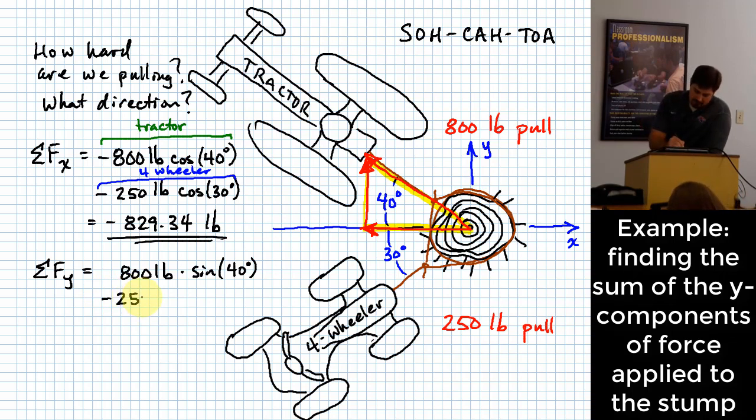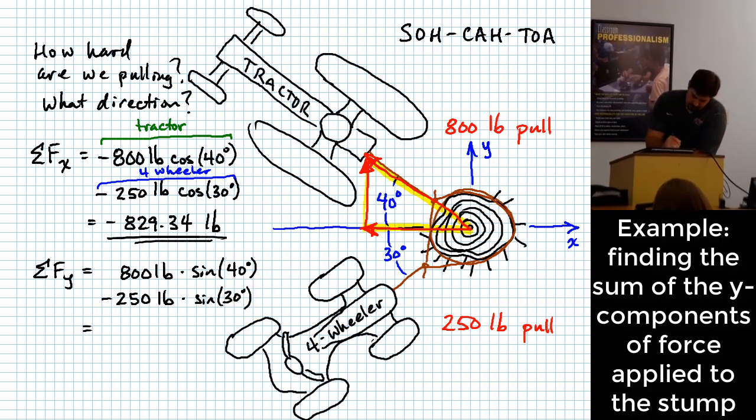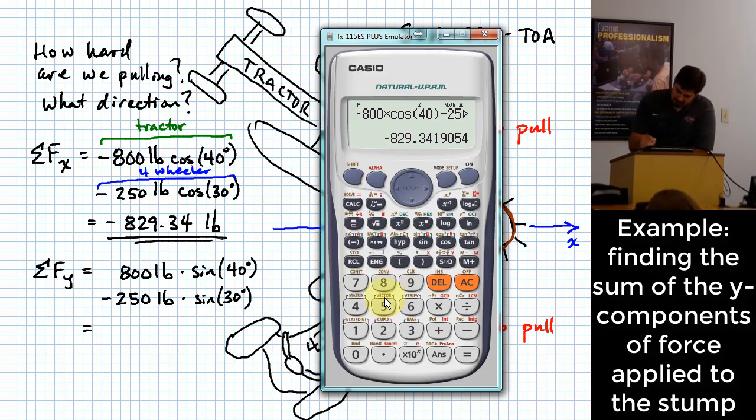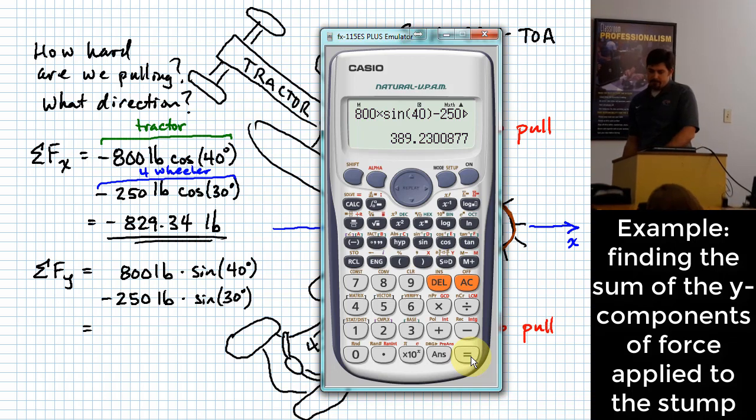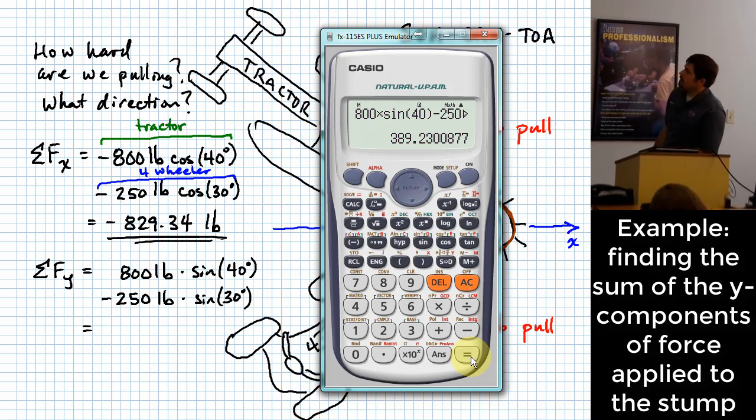So I say minus 250 pounds times the sine of 30 degrees. So when I put these in here, I have 800 times the sine of 40 minus 250 times the sine of 30. And that gives me 389.23.